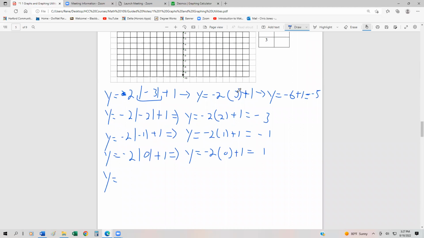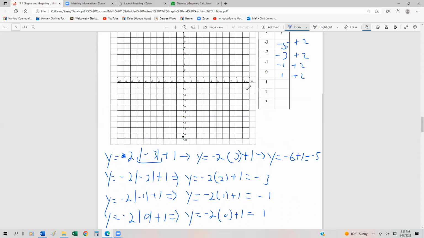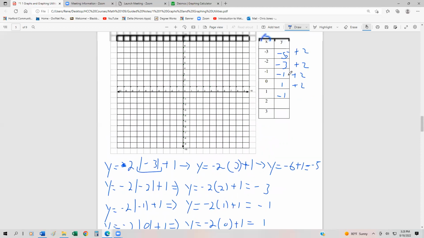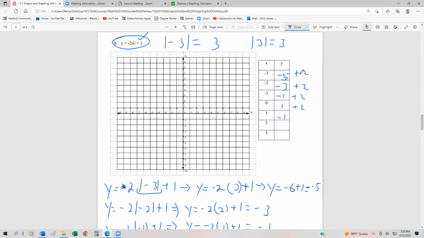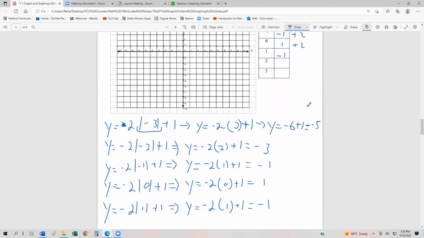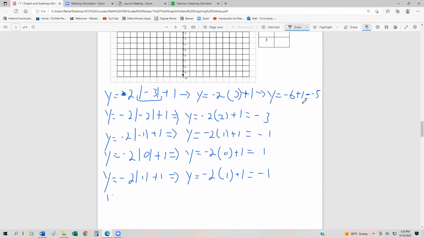So let's substitute 1 back in. So we get -2 times the absolute value of 1, plus 1, which is going to be y equals -2 times 1 plus 1. So this actually becomes -1. So we just have to be careful with this, because absolute value functions don't always do the same thing as a linear function, or linear expression, might.